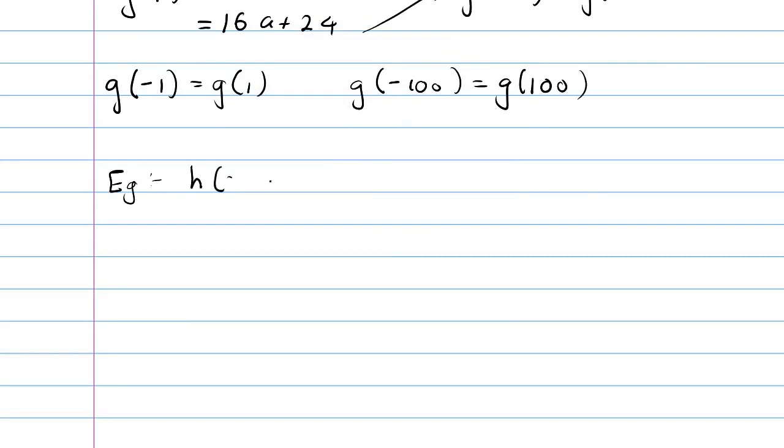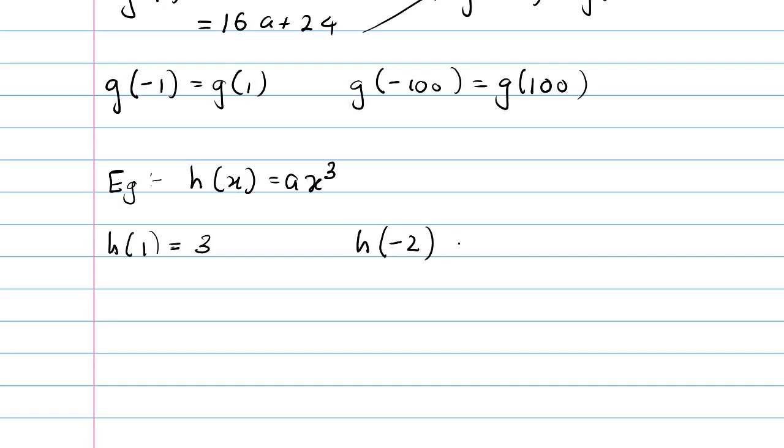You have h of x equal to a times x cubed, and they say h of 1 is equal to 3. But now they want you to find h of negative 2.